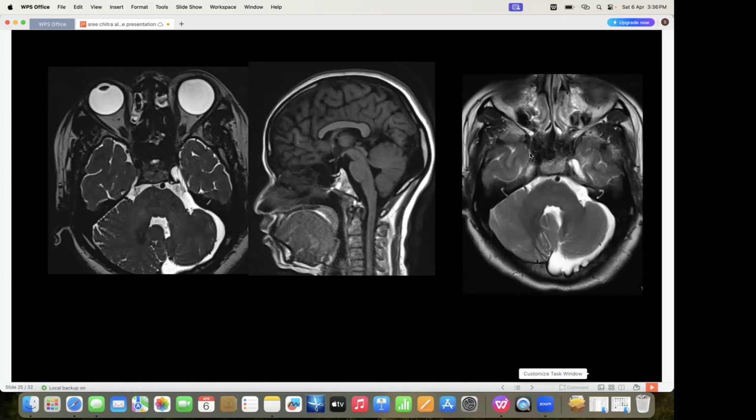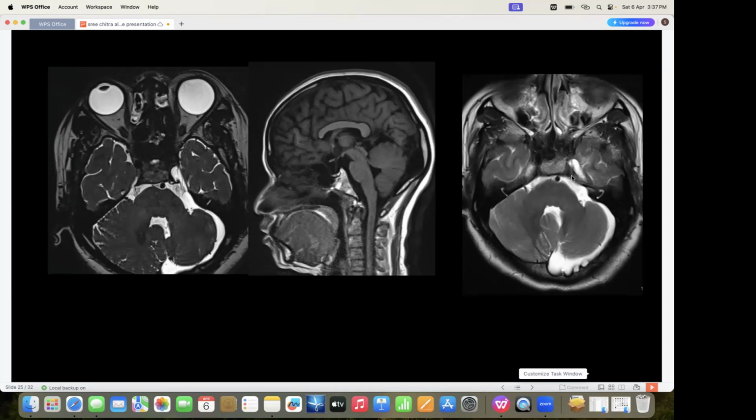In this T2 image, could you identify something especially around the clivus? Left Meckel's cave, right. There is some asymmetry between bilateral Meckel's caves.